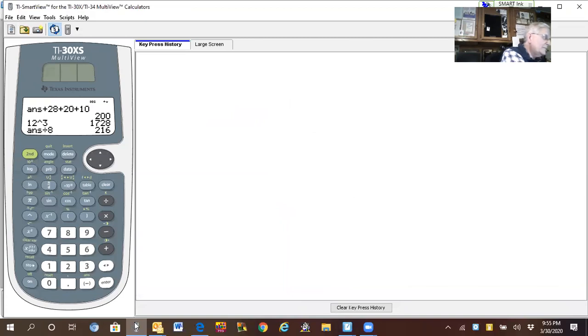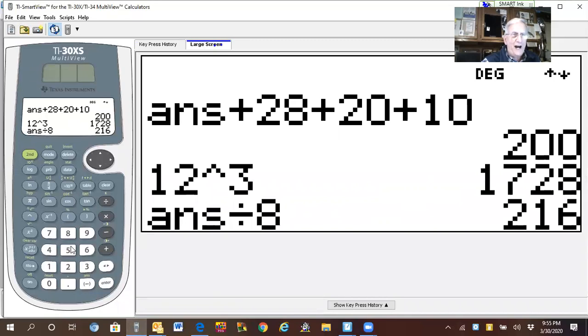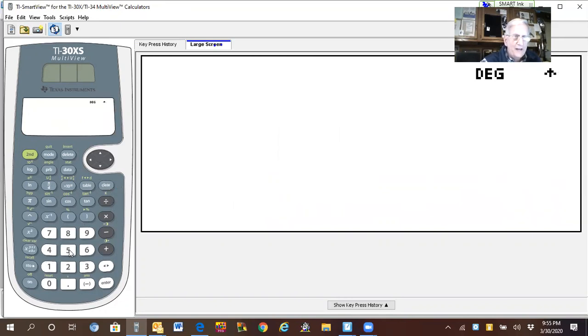Now I believe the first example was, okay, I'm going to take 5 and divide it by 18 on this calculator.